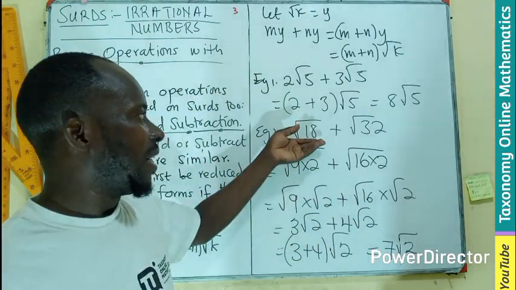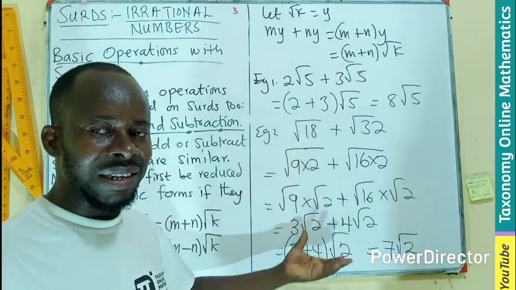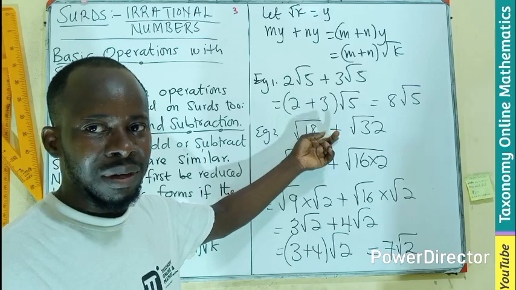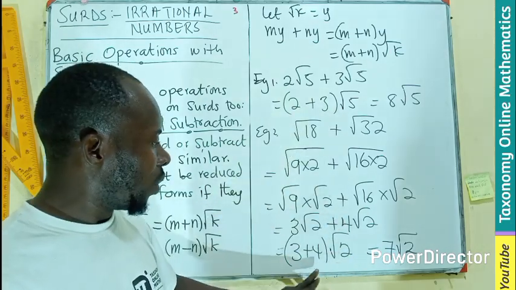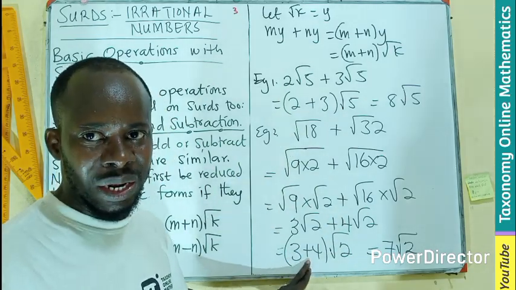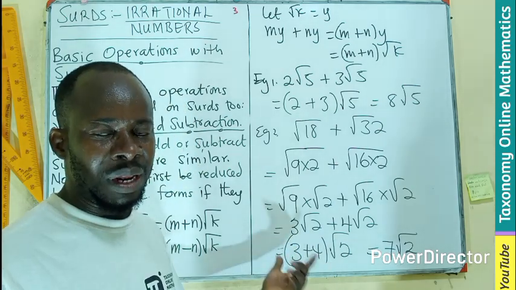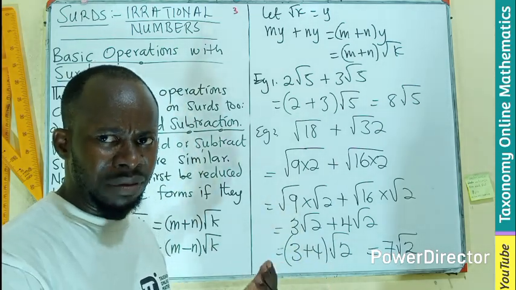Alright, so this is the addition. The subtraction is just the same. If this were to be minus, the same procedure follows. It is only here that I will change the coefficients to become 3 minus 4 instead of 3 plus 4. I'm sure the concept is clear.